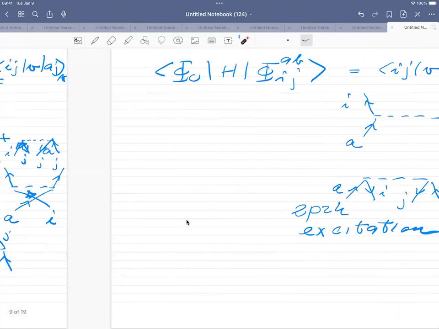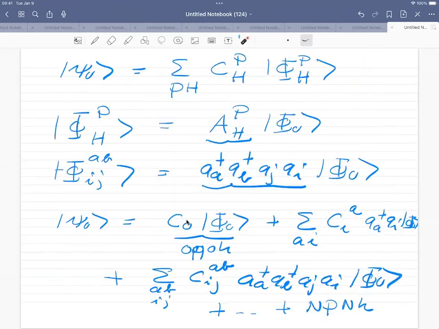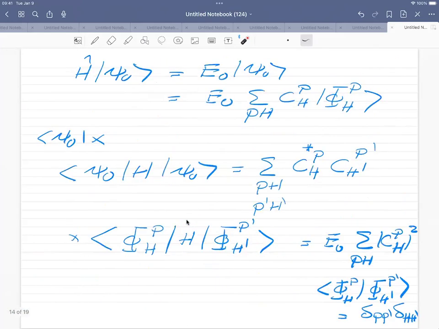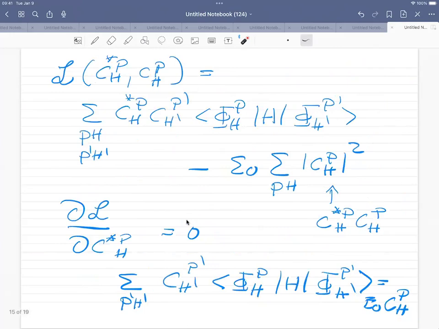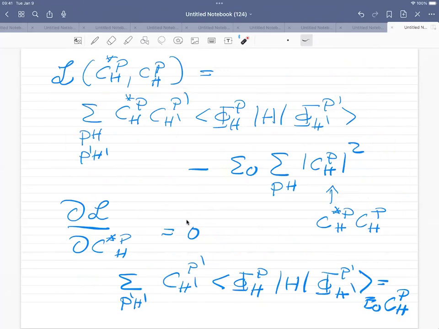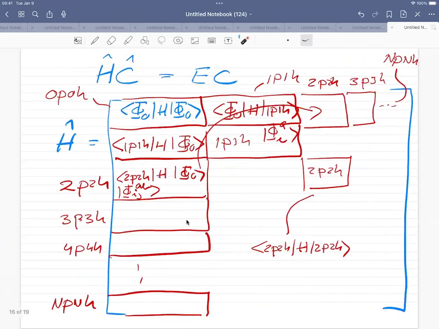So basically what we've done now, we've set up the Hamiltonian matrix. We made a linear expansion in terms of an orthogonal basis. And we have restructured this orthogonal basis in terms of particle hole excitations. We found the problem which we want to solve, which is this one. We use the variational principle, and then we find an equation which then translates into a matrix eigenvalue problem.